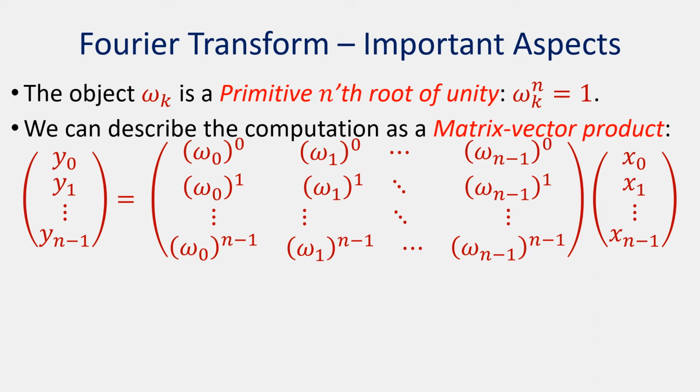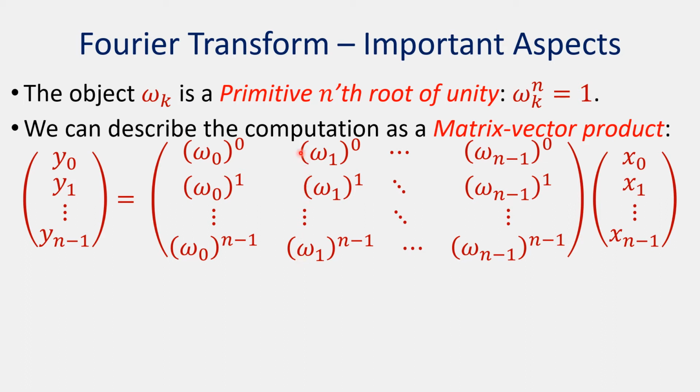So that's the rows. What about the columns? Well, in the first column, we use the same primitive root of unity, the first one, and the power we raise that to goes up. So we go from 0 to 1 up to n minus 1. In the second column, we have the same thing.